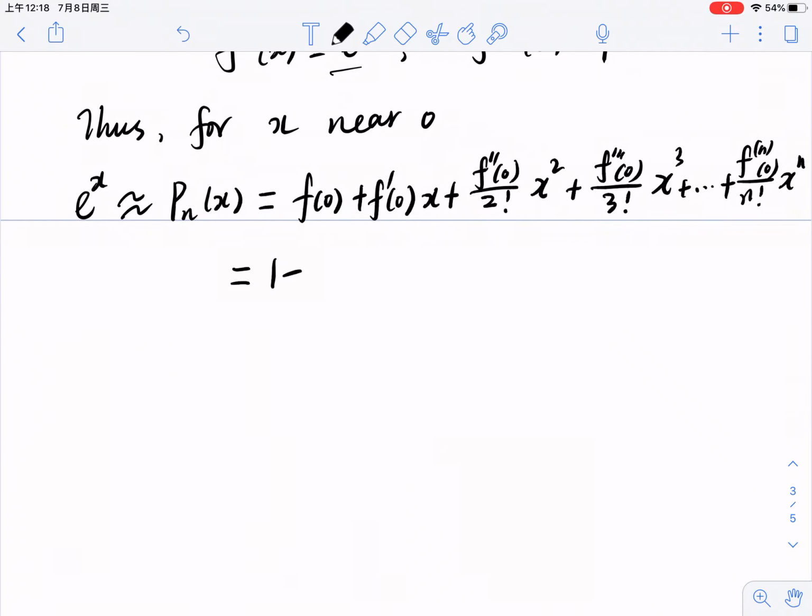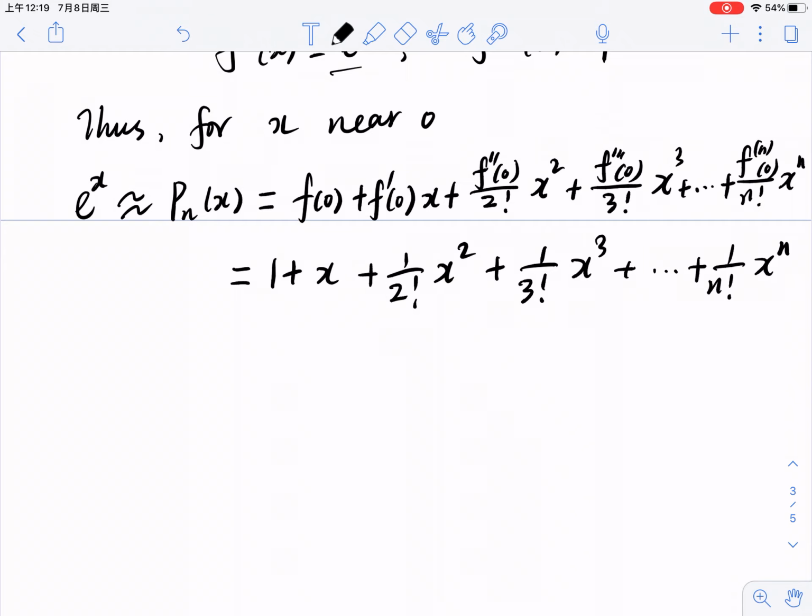So this is 1 plus x plus, since the derivative at 0 is 1, 1 over 2 factorial x squared plus 1 over 3 factorial x cubed plus, the last term, 1 over n factorial x to the power n.